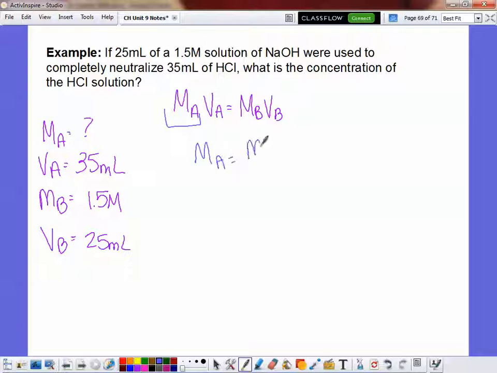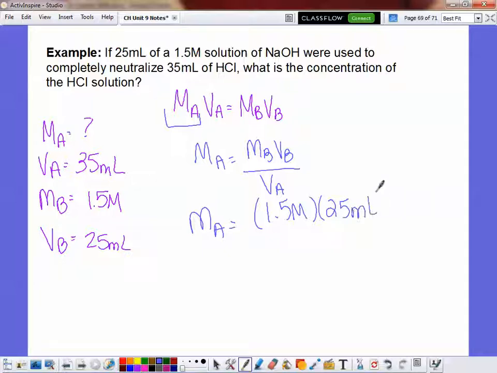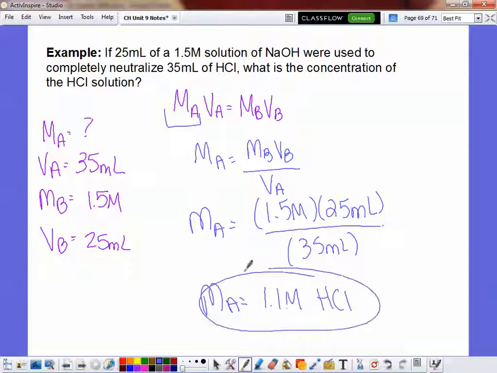MA equals MBVB over VA. And we're just going to plug in the values and solve. So what do you get as the concentration of the acid? 1.1 molar? And that was HCl. And now we're done.